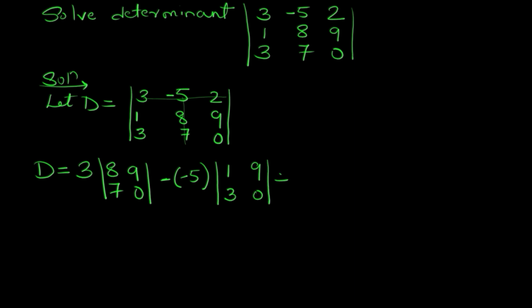Now plus, finally, third row, hiding the first row and third column, we get, here we write a 2 times the determinant 1 8, 3 7.